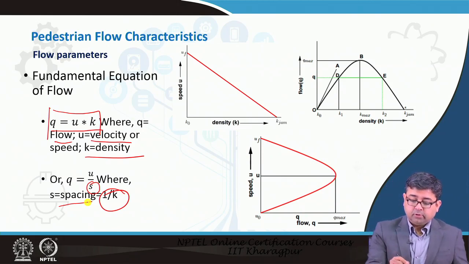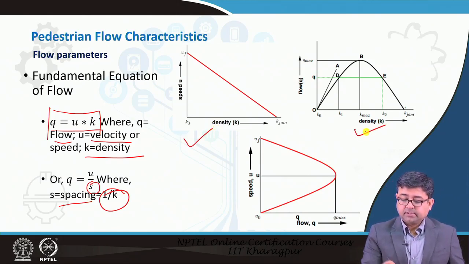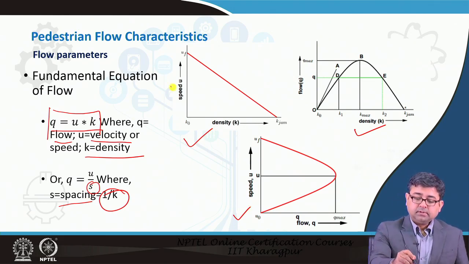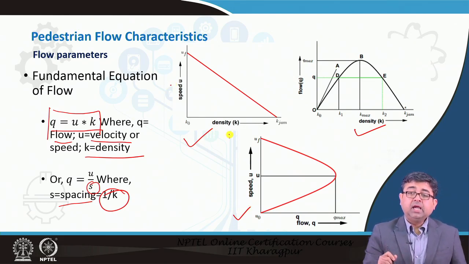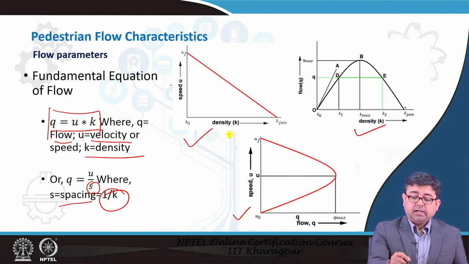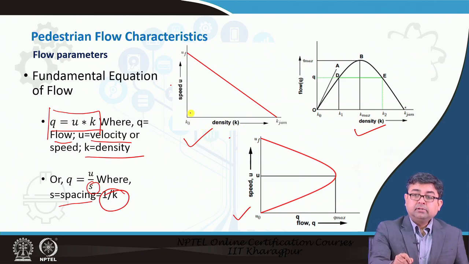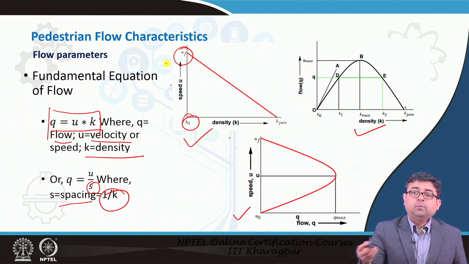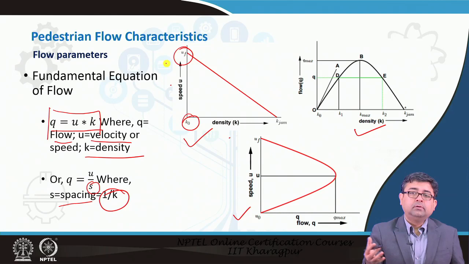So, if we look at each of these diagrams carefully, what we can see is that the speed and density have an inverse relationship, right. So, if there is density, meaning number of people per square meter, say, right. If there is no people or no density, then you can walk at whatever speed you want to walk at, right.